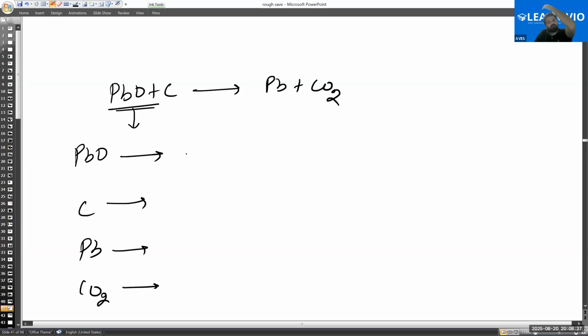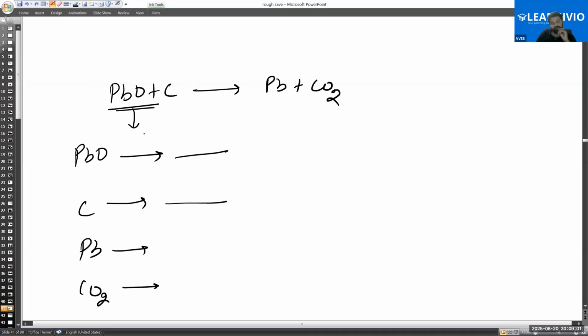Yes. If I'm talking about PbO, tell me it is oxidized or reduced, carbon is oxidized or reduced, Pb is oxidized or reduced, and carbon dioxide is oxidized or reduced. And along with that, tell me which is the oxidizing agent and reducing agent. Note my point that oxidizing and reducing agents are only present on the reactant side, not on the product side.